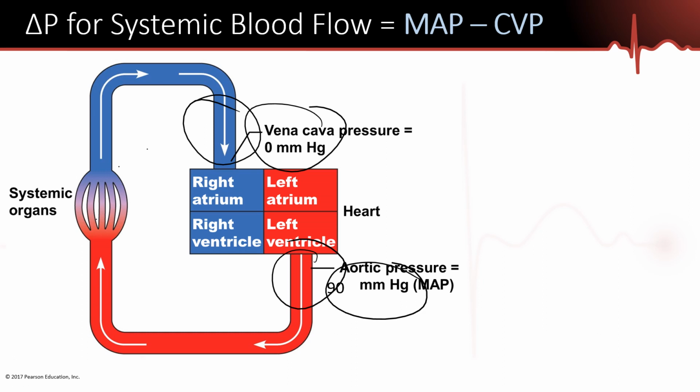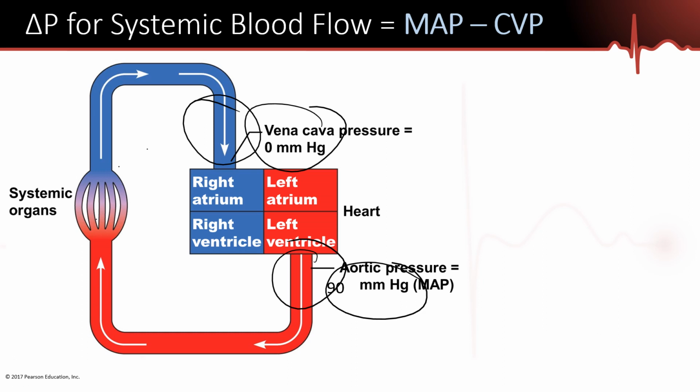It's not actually literally zero, but to make things more simple, oftentimes textbooks, especially more introductory and intermediate textbooks, will just say, since the blood pressure within the systemic veins is so low, we're just going to say that it's zero to simplify.